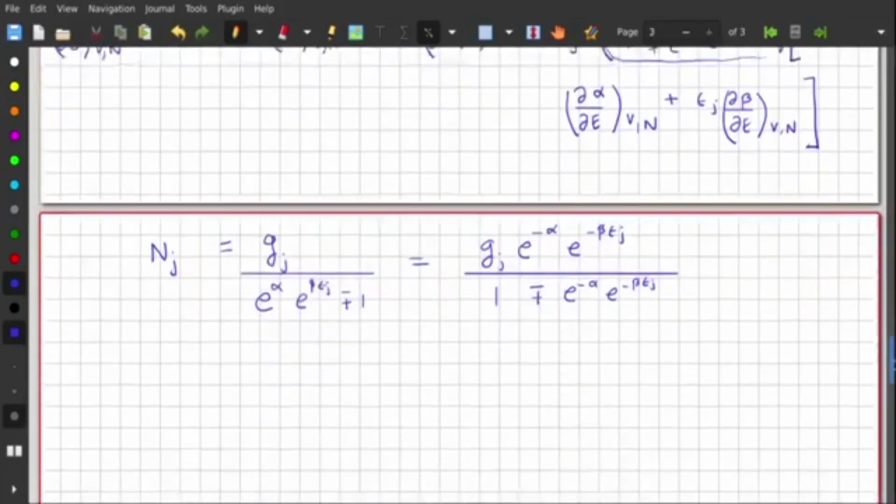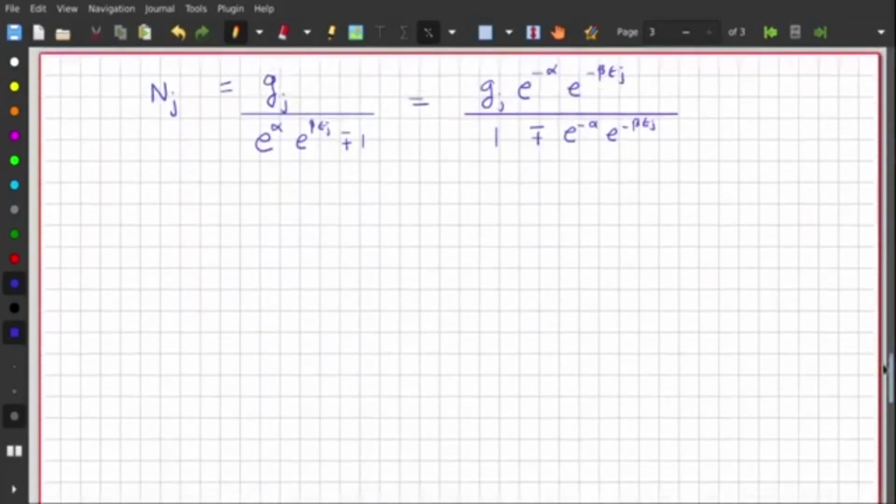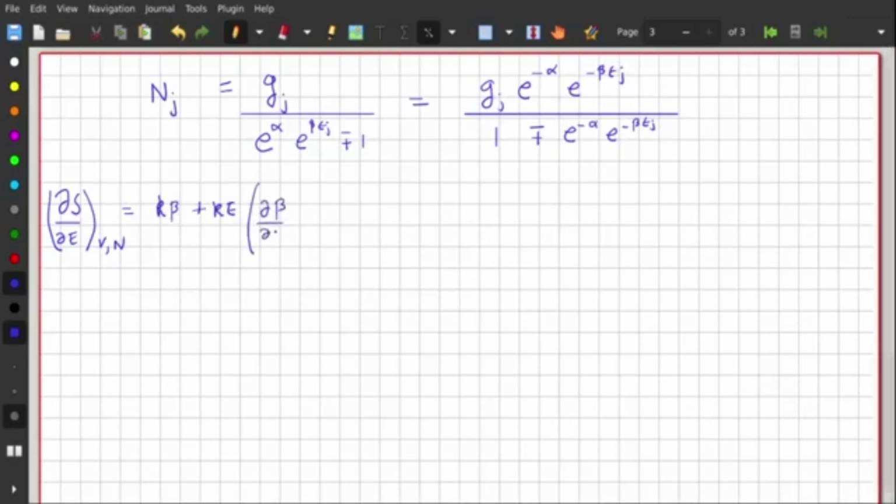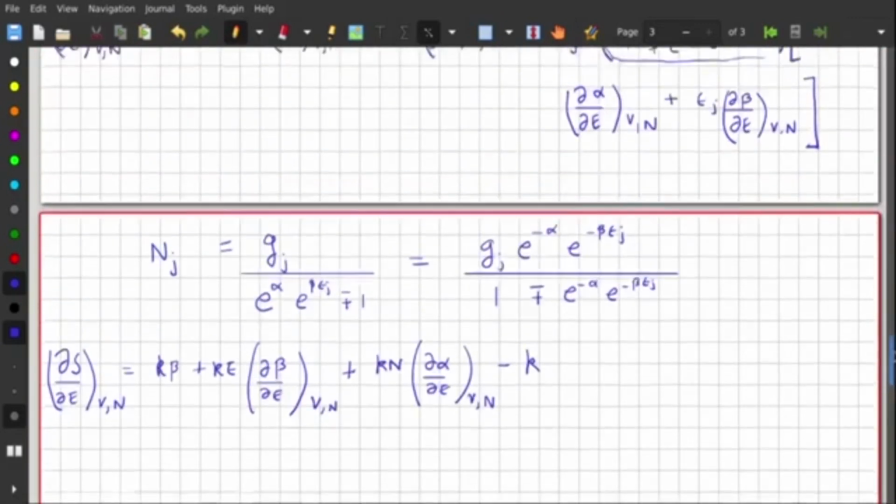Therefore, partial s partial e at constant v comma n is given by k times beta plus k times e partial beta partial e at v comma n plus k n partial alpha partial e at v comma n minus k. So now we are at this term.